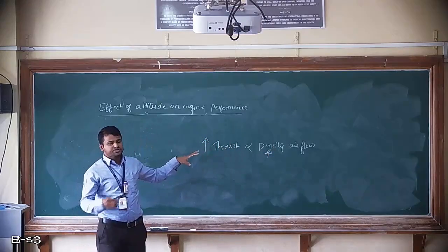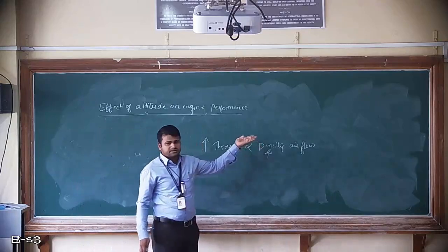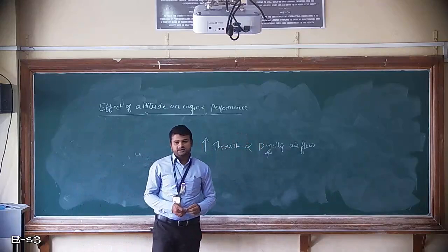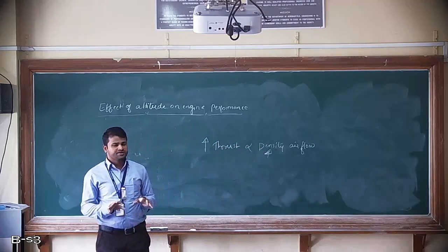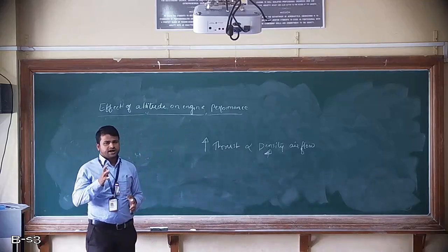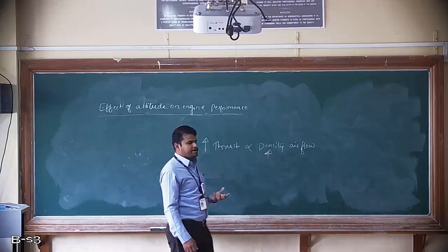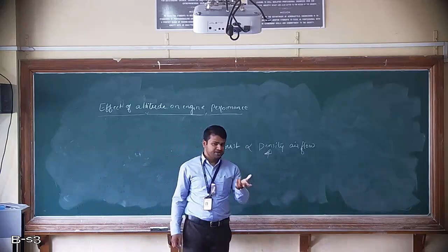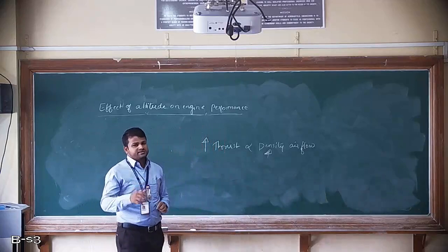But what happens at higher altitude? As you go on increasing the altitude, the air gets less dense. The density of air starts reducing. So what will happen? We will not get a sufficient mass flow rate of air into the engine, so we cannot get enough thrust.